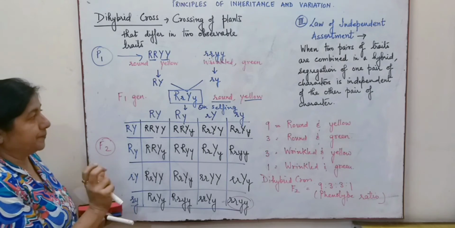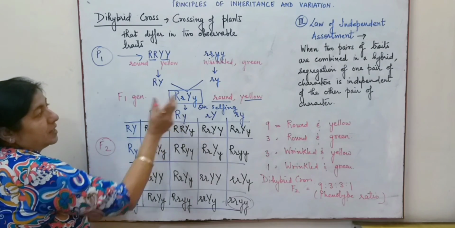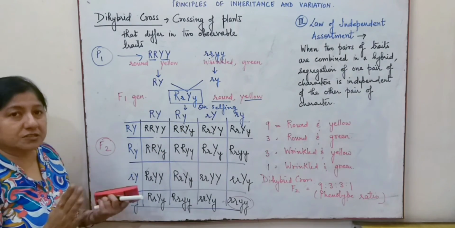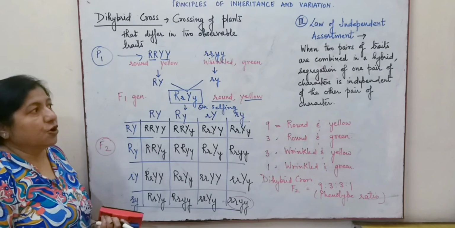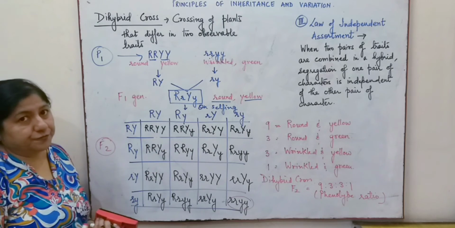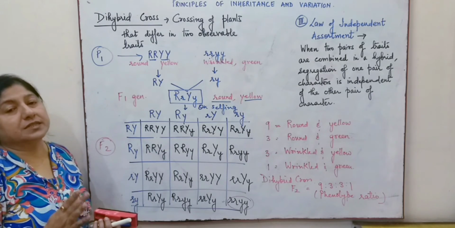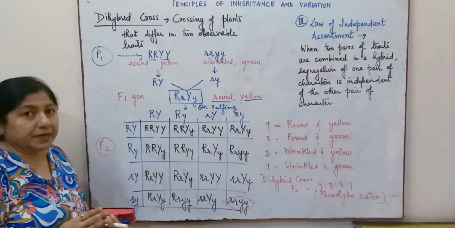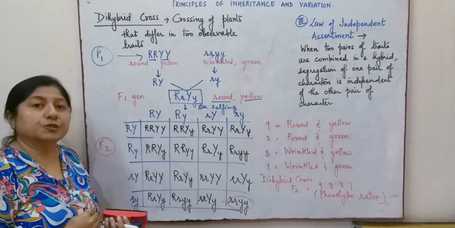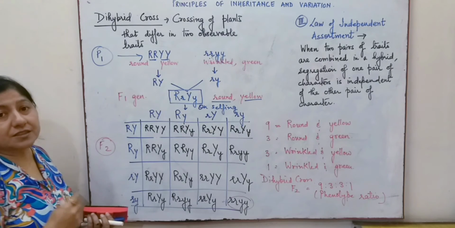Now, when we study this carefully, we find that when two pairs of traits are combined in a hybrid, the separation or assortment of one pair of traits is independent of the other pair of traits. That is what is known as the law of independent assortment, and it was put forth by Mendel, and that is the third law.